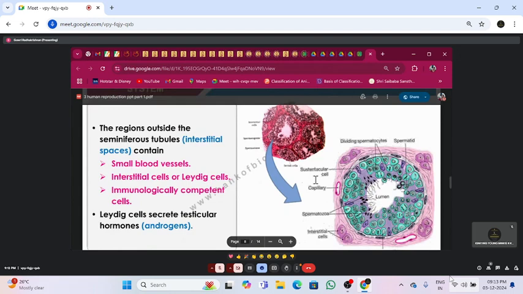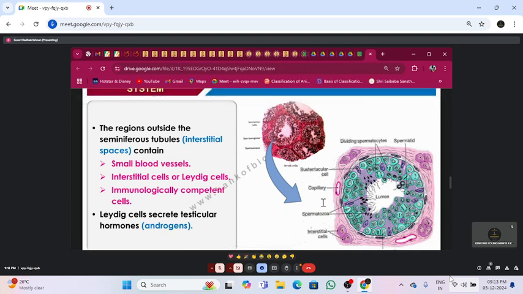Now the regions outside the seminiferous tubules, the interstitial spaces, contain what? Small blood vessels, and the interstitial cells or Leydig cells. Leydig cells secrete testicular hormones like androgen.